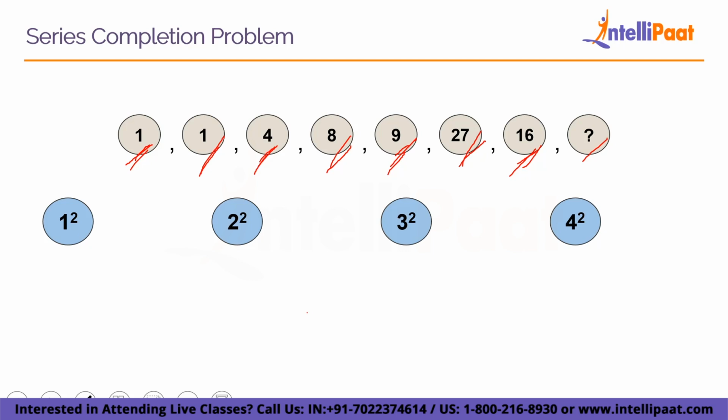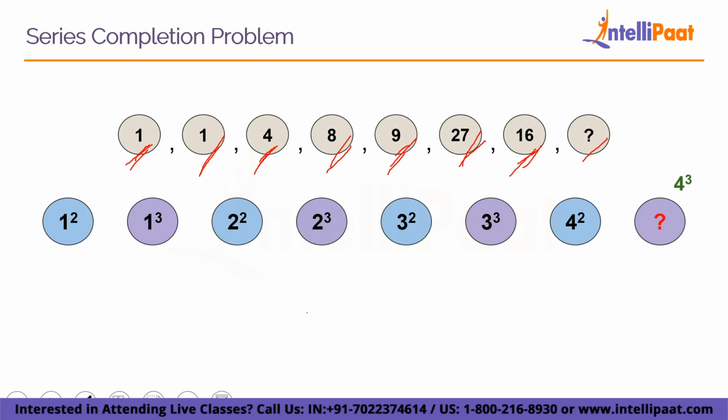In that manner, we have 1 cube, 2 cube, 3 cube. So we have got a pattern here: it starts from 1 square and then 1 cube, then 2 square, 2 cube, 3 square, 3 cube, 4 square, and as you know, it's going to be 4's cube, right?